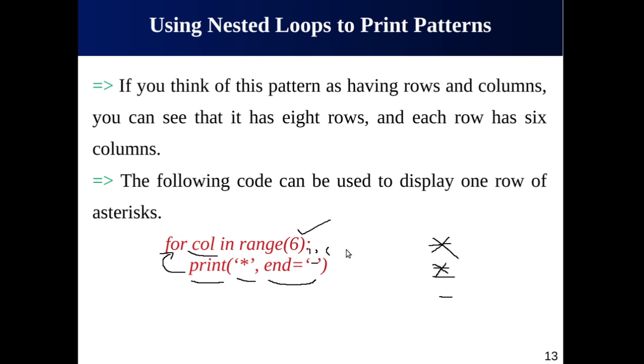If you give space in between these single quotes, you will see that the next asterisk will be displayed after giving a space here, and then the next will be displayed after putting another space. So remember, the correct way to avoid white spaces is to put the single quotes here. And end is actually a parameter by using which we are telling the print function to print all the asterisks on the same line.